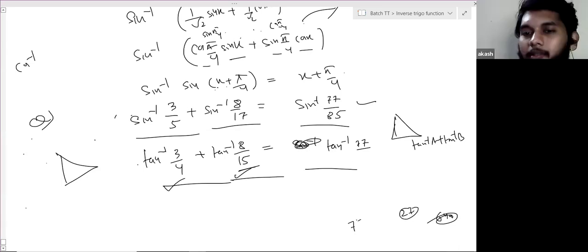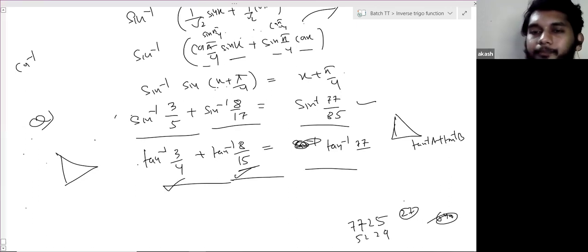So 7225 and 5929. Just subtract this and you'll get the answer. All right, find the under root.